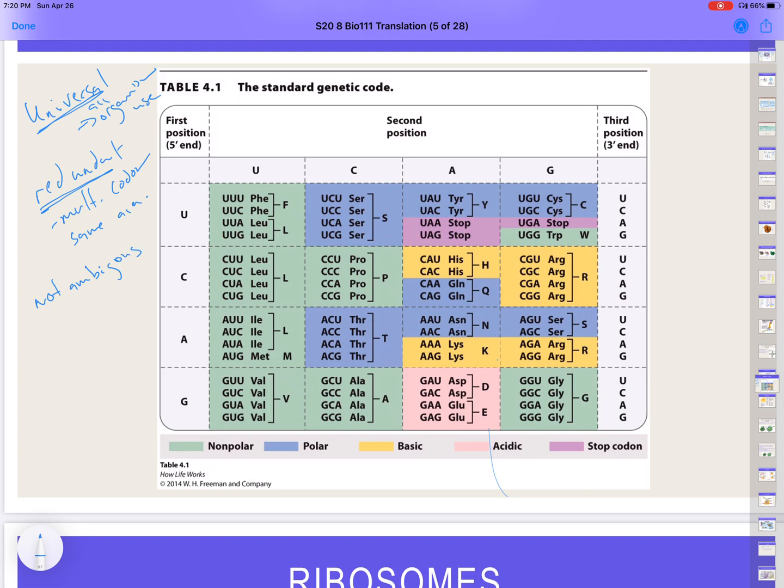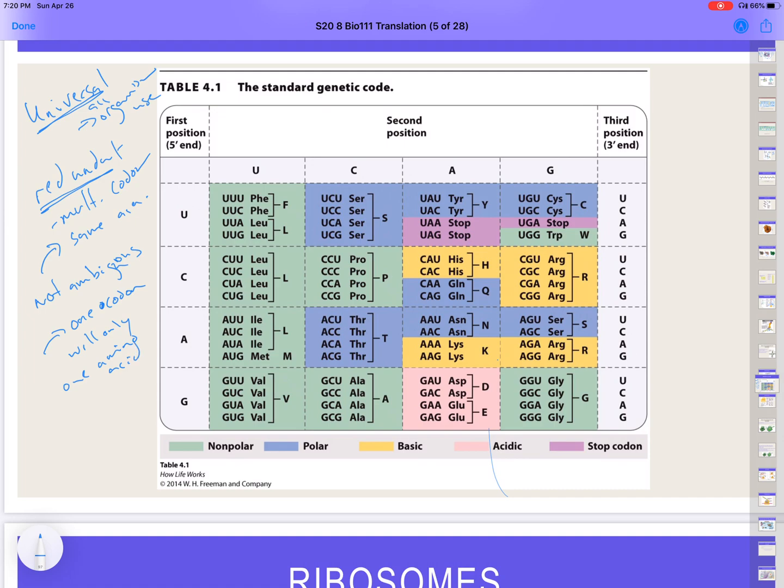I don't know if that's how you spell ambiguous, but ambiguous, maybe. Which means that even though multiple codons can code for the same amino acid, there is only one codon will only code for one amino acid. And I'll show you what this means in a second.